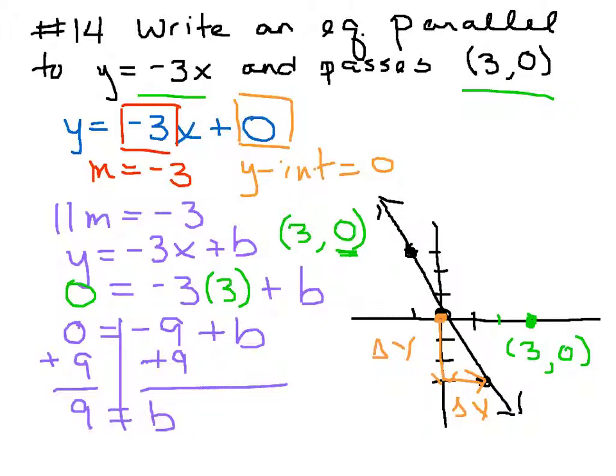So my equation that is parallel to y is equal to negative 3x and passes through the point 3 comma 0 is y is equal to negative 3x plus 9. So if I was to go from this point here, I still have to have a slope of negative 3, so I'm going to go down 1, 2, 3, and over 1.